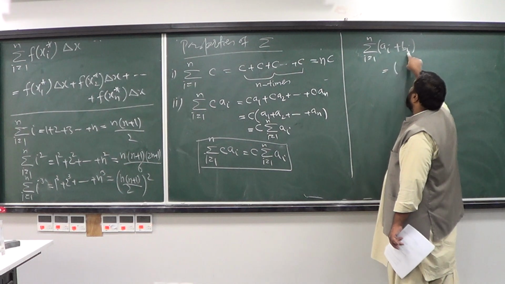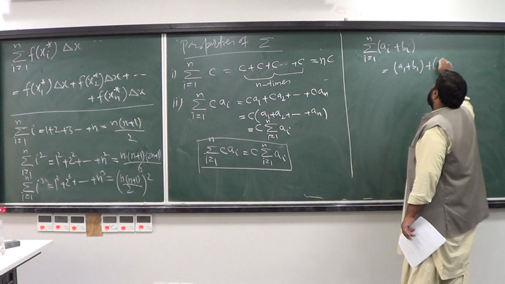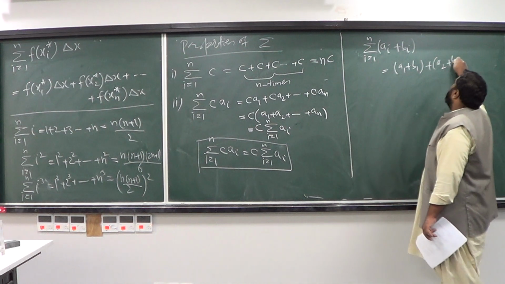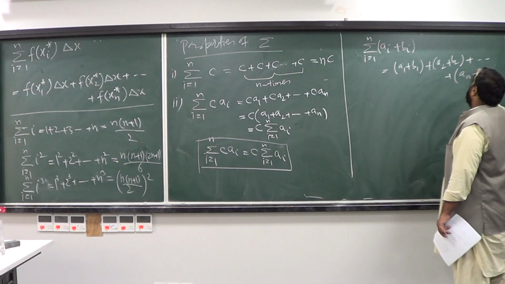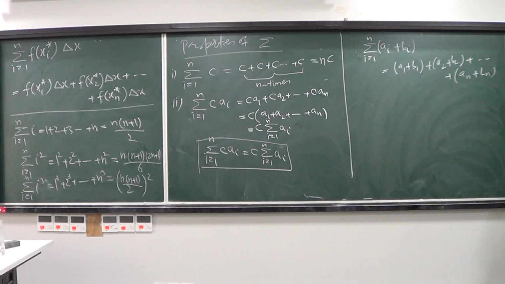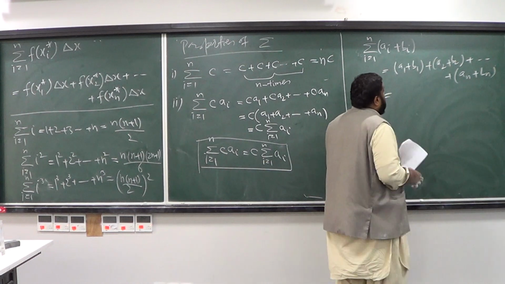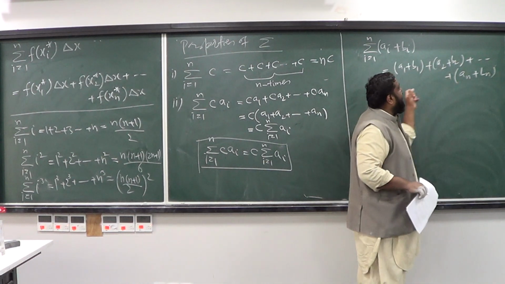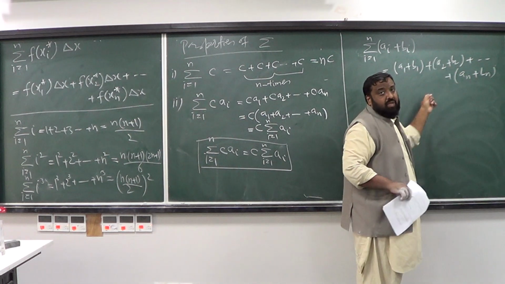First substitute 1, so a1 plus b1, plus a2 plus b2, plus so on and so forth, plus an plus bn. Now this is simply a sum of numbers, so if I wish, I can put these a's together and sum them up, and put these b's together and sum them up.